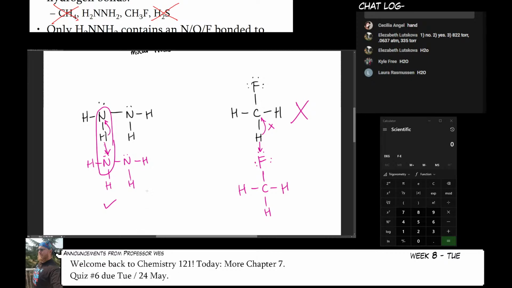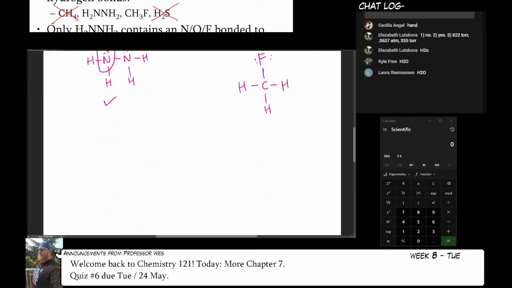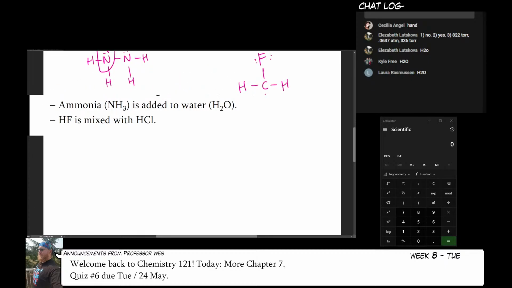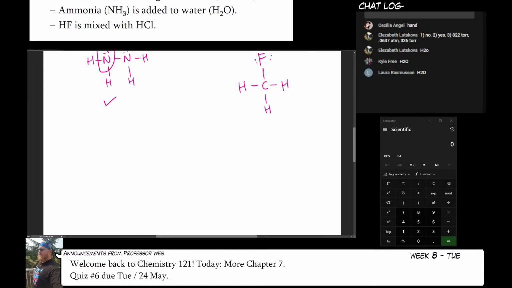So, if we draw water for this example here, and I draw ammonia, I can form a hydrogen bond like this, where my hydrogen is bonded to a nitrogen and is pointed at the electron pair on another oxygen.